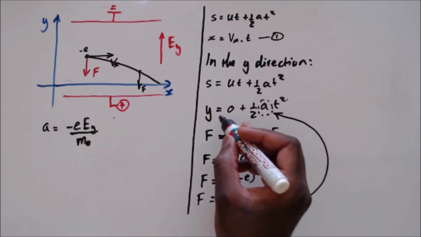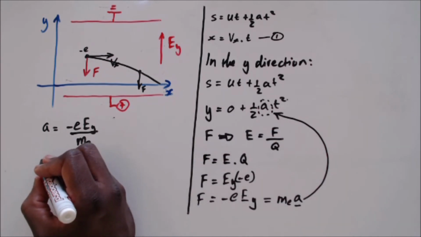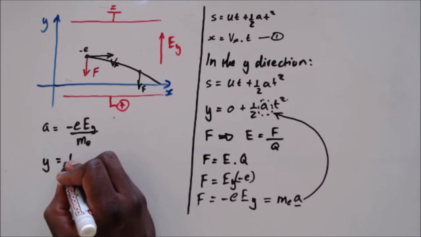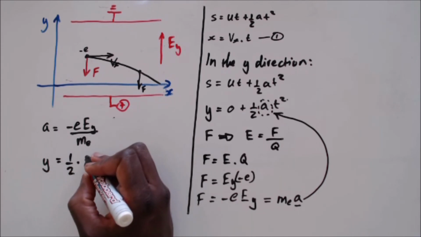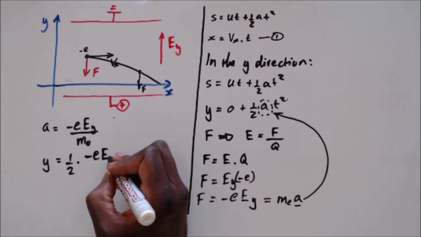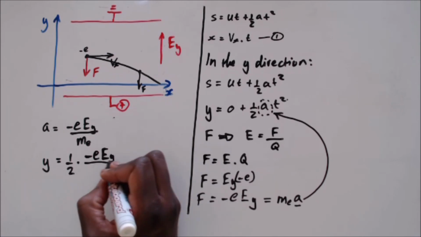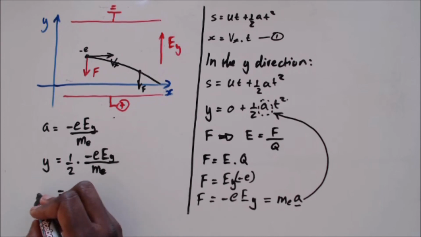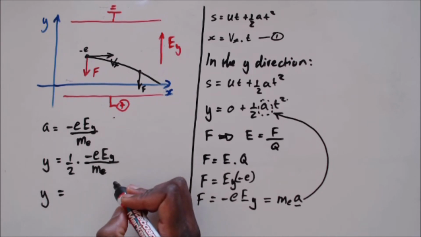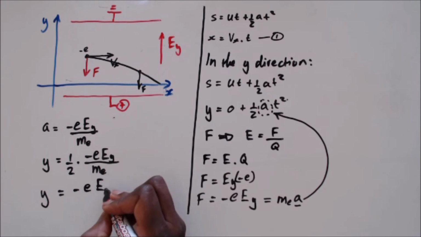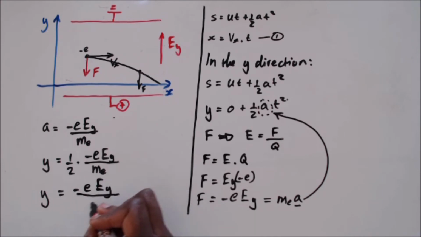And substituting that into this equation gives us the y position is equal to 1/2 multiplied by the acceleration, which is minus e, multiplied by the electric field strength, Ey, divided by the mass of the electron. And simplifying that, we get y is equal to minus e Ey divided by 2 times the mass of the electron.